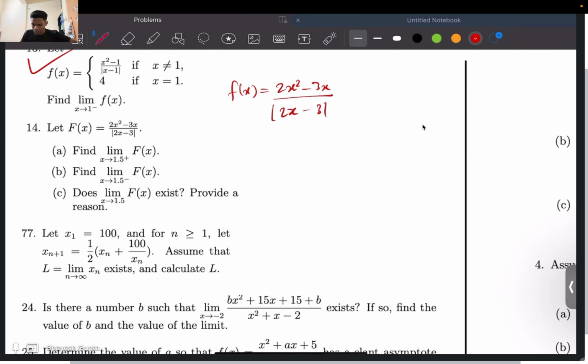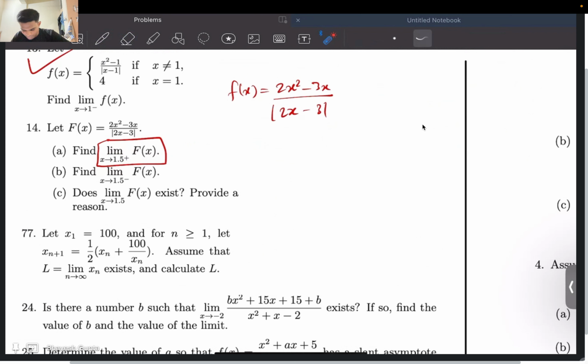The first question asks me to calculate this limiting value. Here we are basically approaching 1.5 from the right hand side because of this plus. So we will solve this limiting value at x tends to 1.5 from the right hand side.